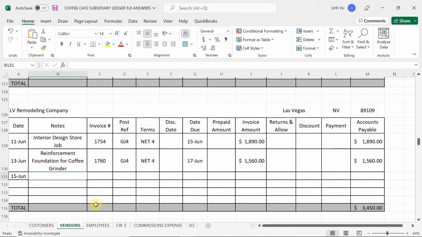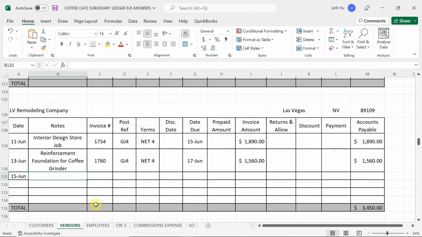And we put the invoice amount, which is 1890. Where? Not in the invoice amount, because did you receive a bill?